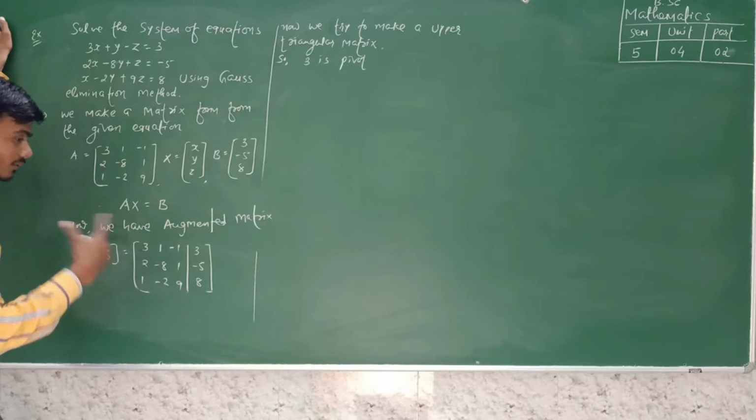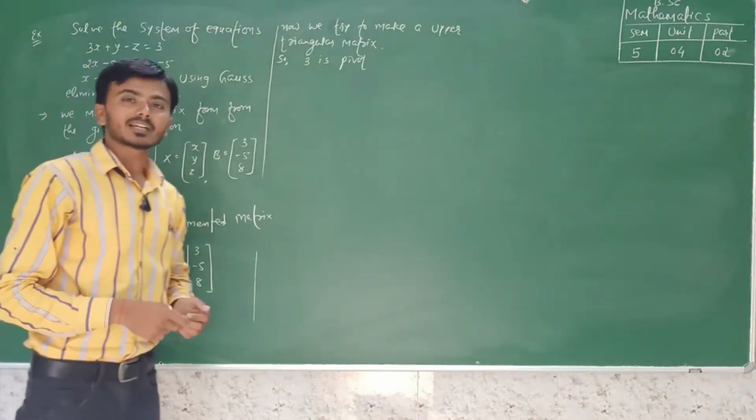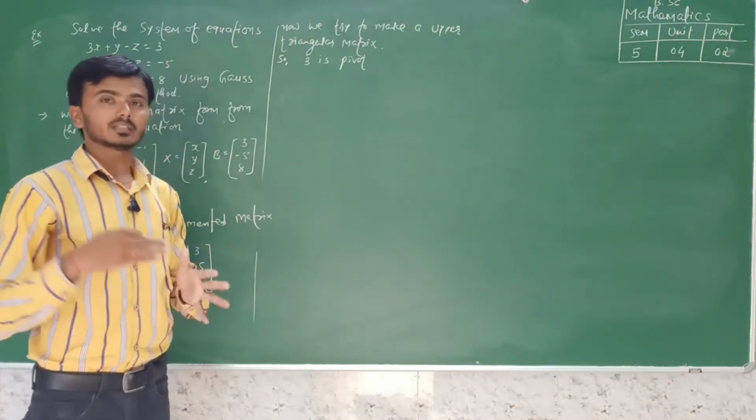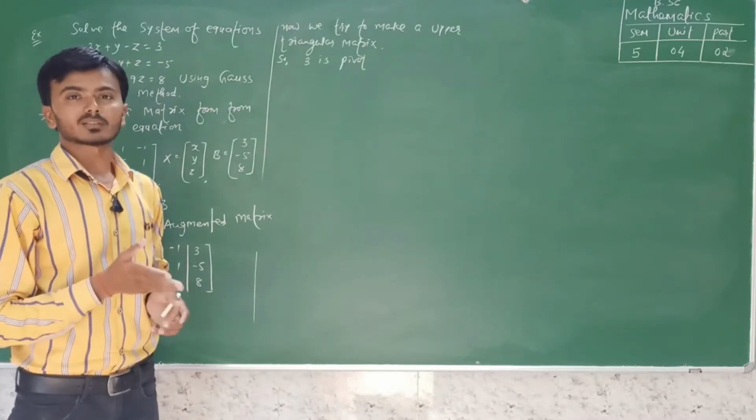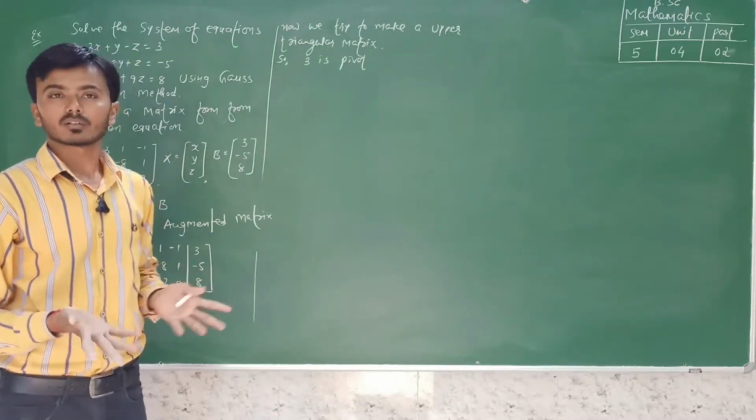So we have to use the elementary row operation, because you can use any row operation, first row, second row, or third row.